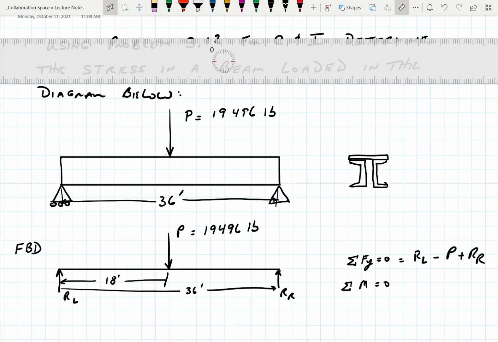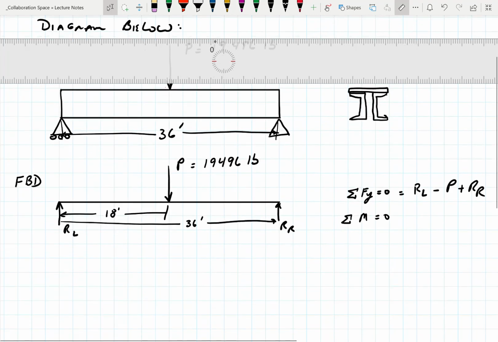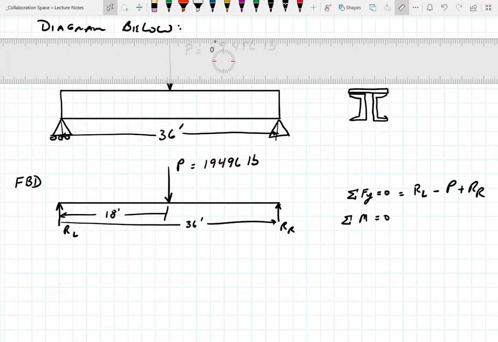Don't have the actual physical reaction to it. So, that being said, always, without fail, draw a free body diagram.